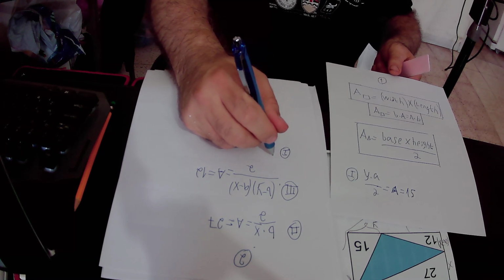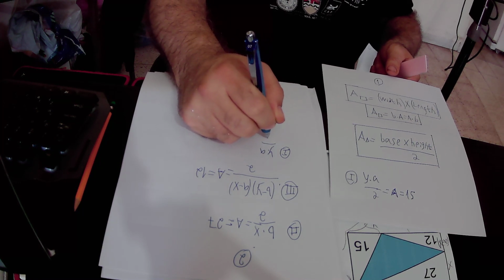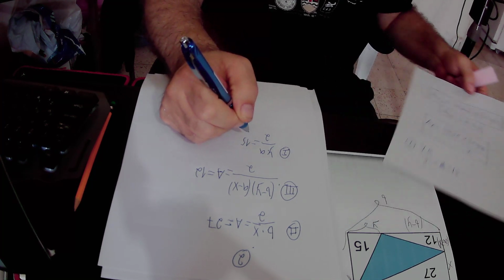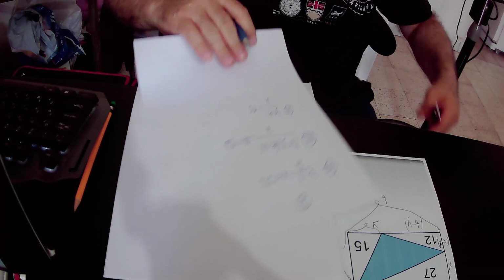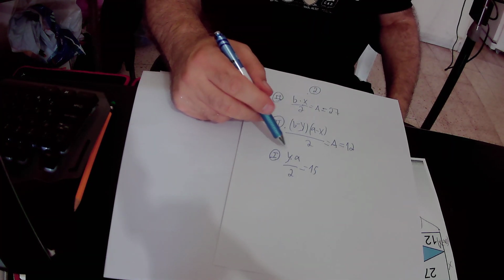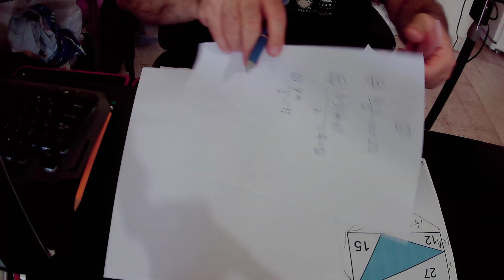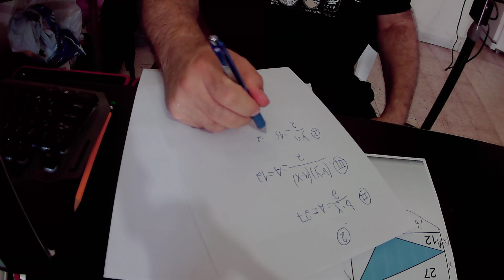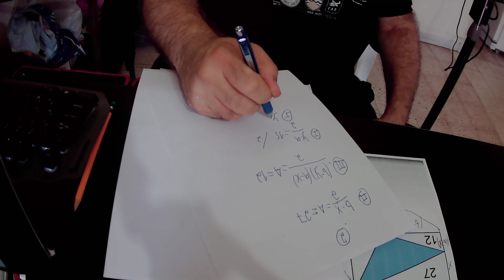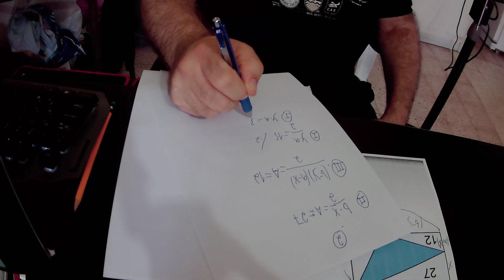The first equation is y times a divided by 2 equals 15. We will multiply both sides of the equation by 2. We will get that y times a equals 30.